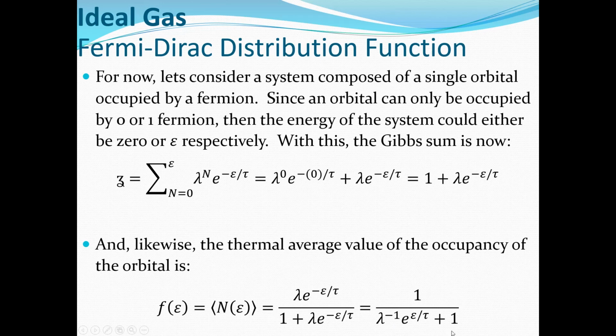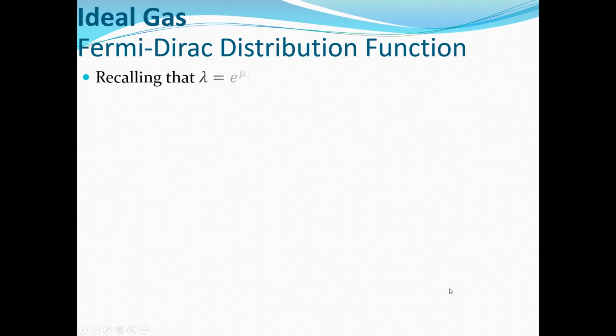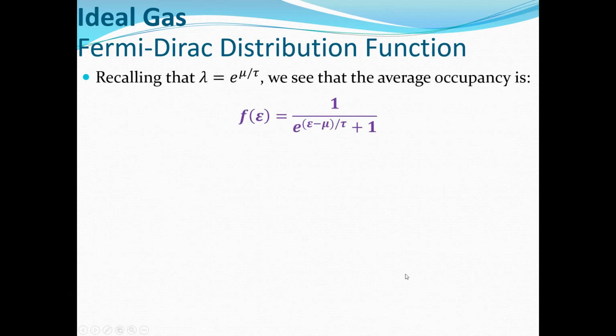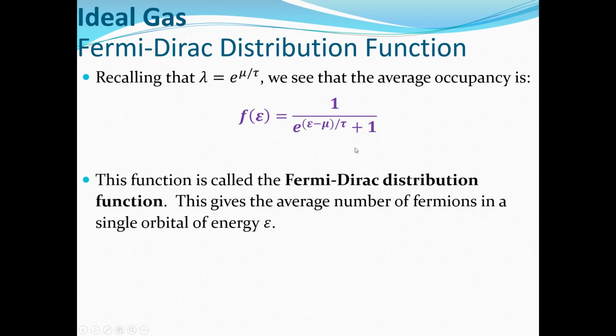We end up getting this equation for the average occupancy. So our equation will end up looking like this. And this is what we call the Fermi-Dirac distribution function. This is going to give us the average number of fermions in a single orbital that has an energy of E.